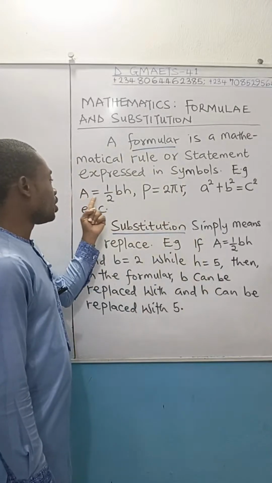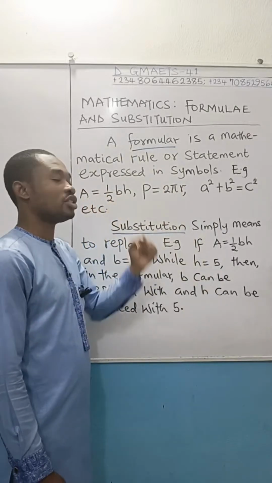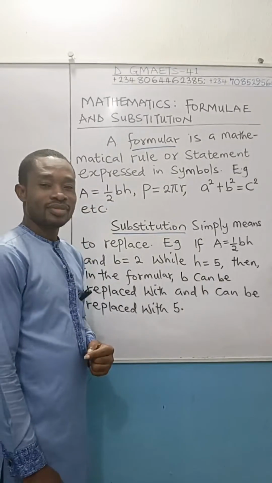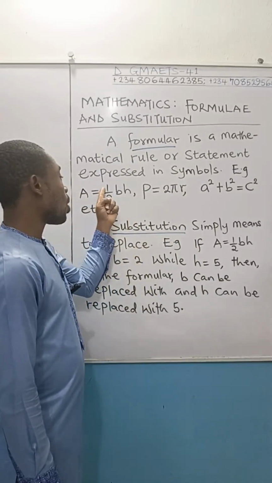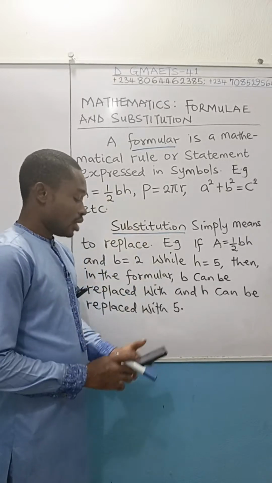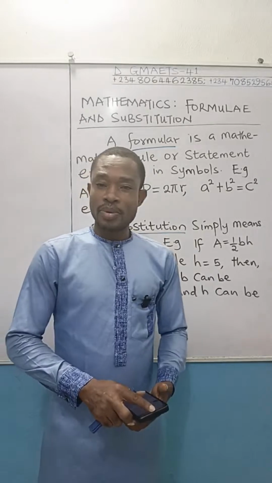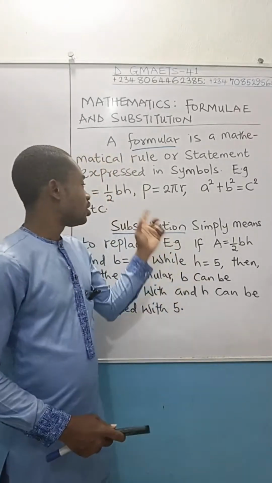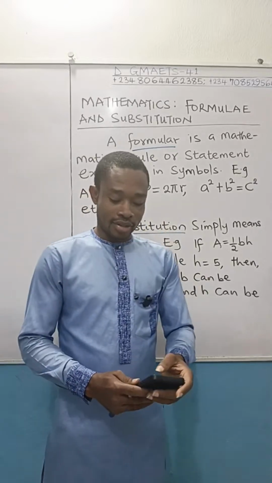I have A equal to 1 over 2 BH. This A represents area, and it is equal to 1 over 2, that constant there, times B. The B there represents base, times H. The H there represents height.